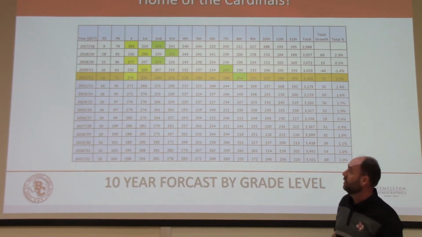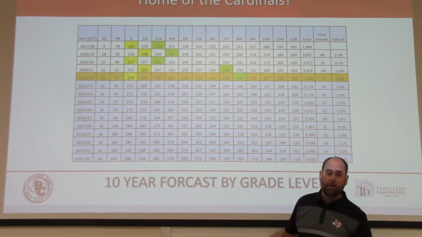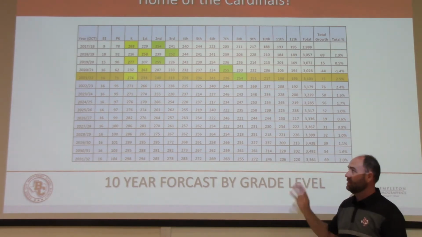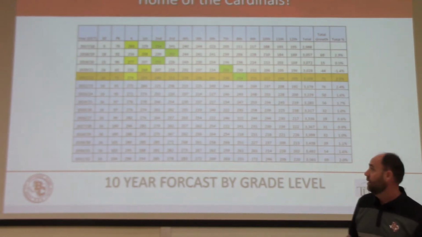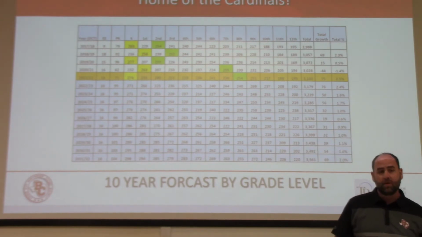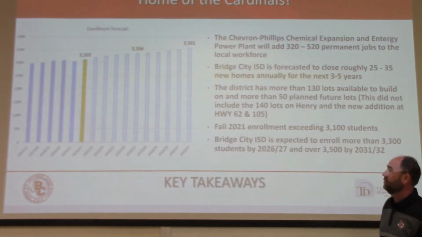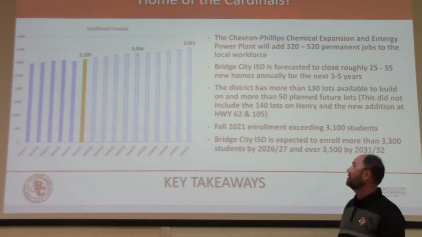The other big story is 42 students more in our current kindergarten class than in last year's kindergarten class. So that tells a big story about what's coming to Bridge City ISD. And again, what's graduating and everything behind it shows that we are a growing school district, and that cannot be disputed.